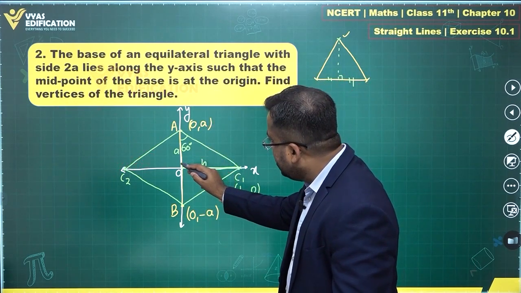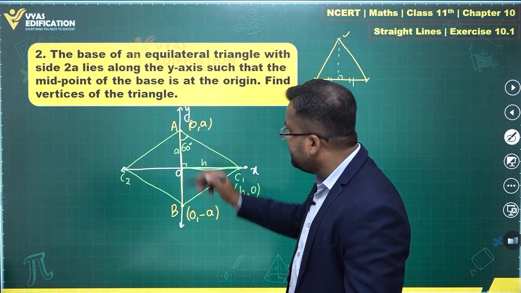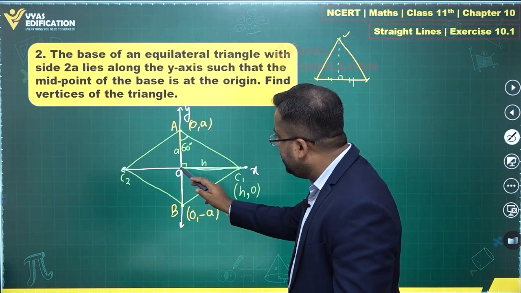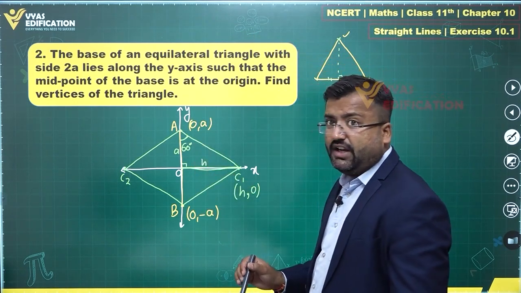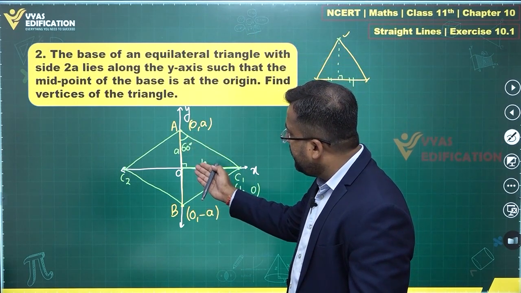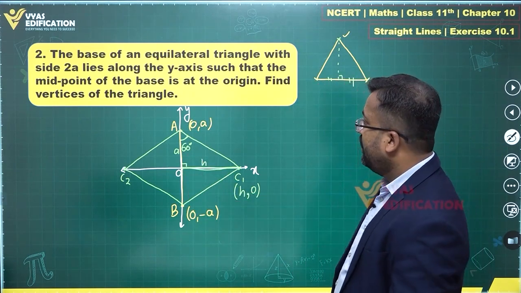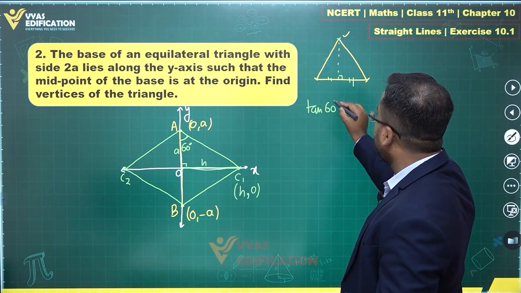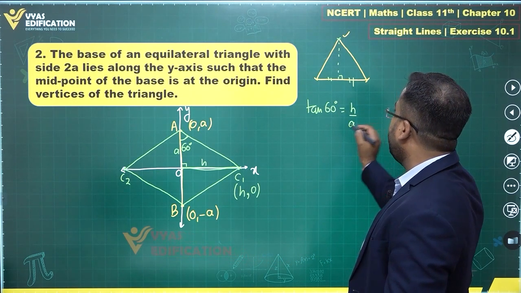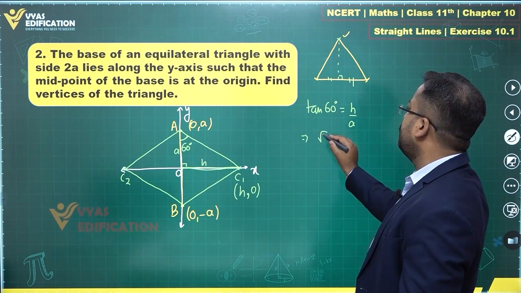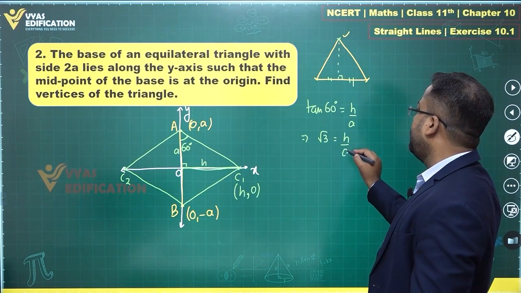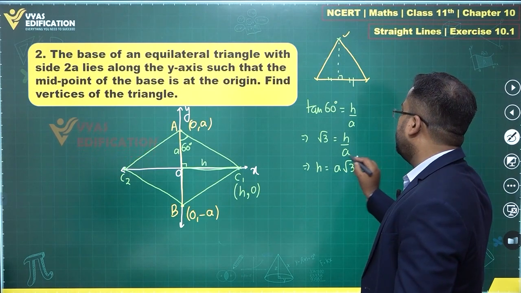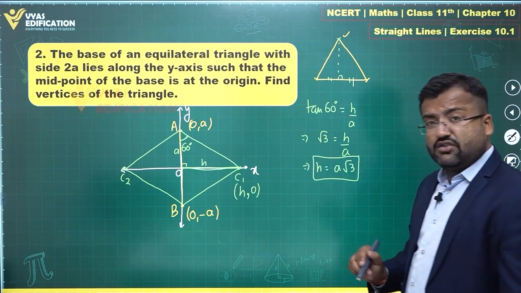And if you consider this right angle triangle with this angle 60 degree, tan of this 60 degree will be perpendicular upon base, this upon this, right? So I can write tan 60 degree is equal to h upon a, and tan 60 degree is root 3. This becomes h upon a, which tells me h is equal to a root 3. Okay. This is what you have.